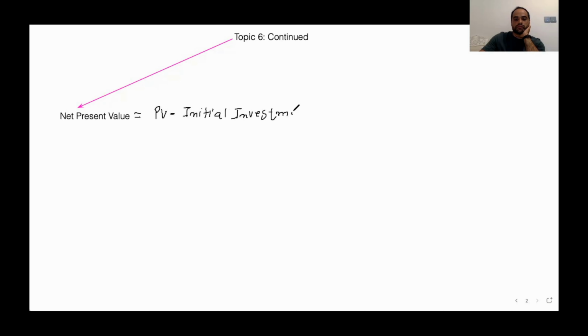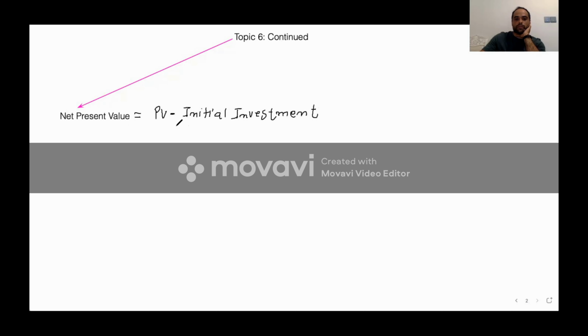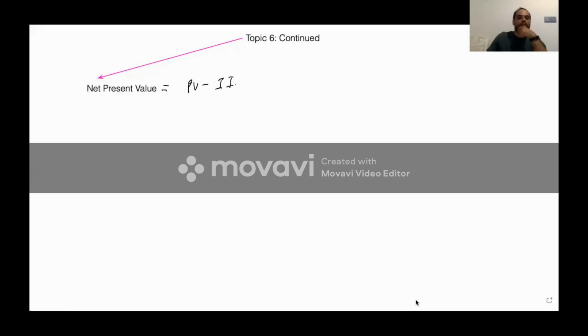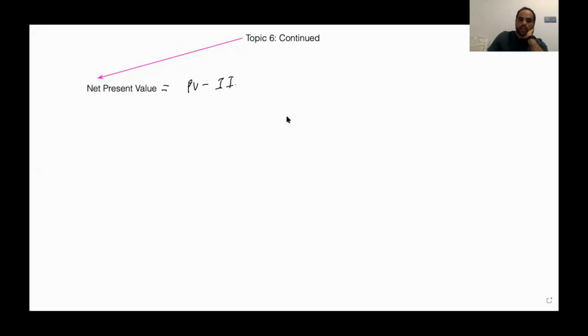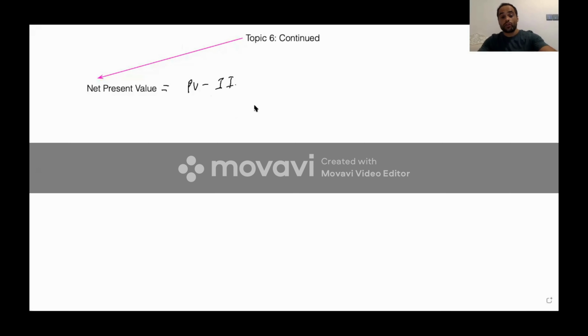The formula is present value minus initial investment, right? Now, you know what initial investment is. Whatever money we have invested at the beginning of the business, when we start the business, whatever cash is outflow in the beginning or in year 0, that's called the initial investment, right?